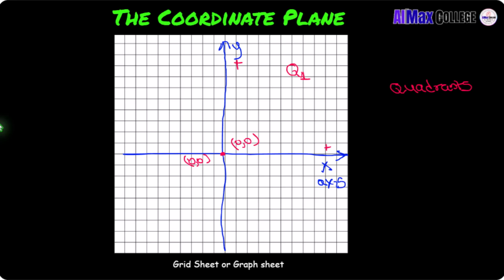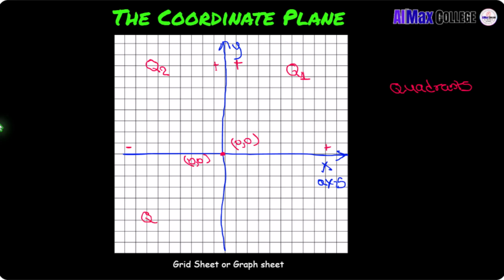Quadrant 2 is top left. X is negative and y is positive. So what would be quadrant 3? Quadrant 3 is bottom left.